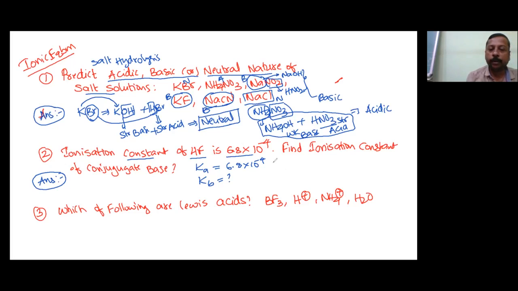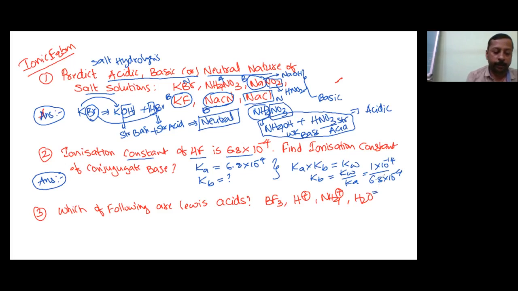For this there is a very simple formula: Ka into Kb is equal to Kw. So Kb is equal to Kw by Ka. Kw, you must know, is 10 to the power of minus 14, and the acid Ka is given as 6.8 into 10 to the power of minus 4.